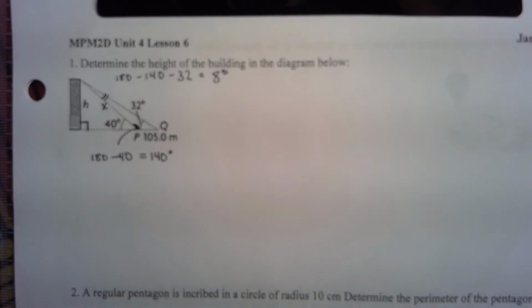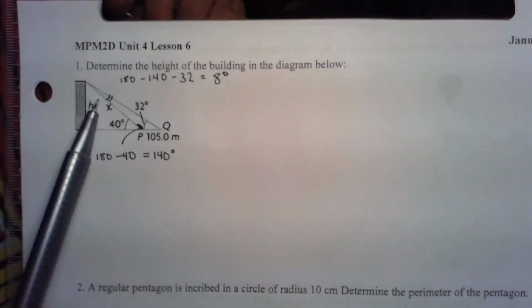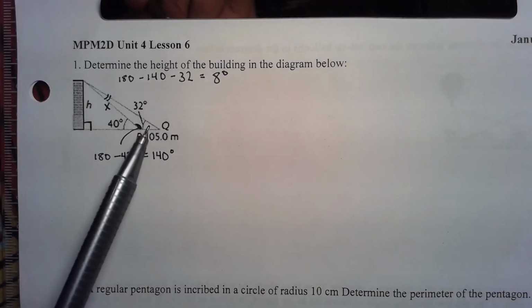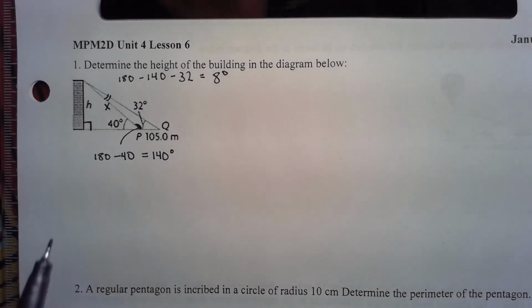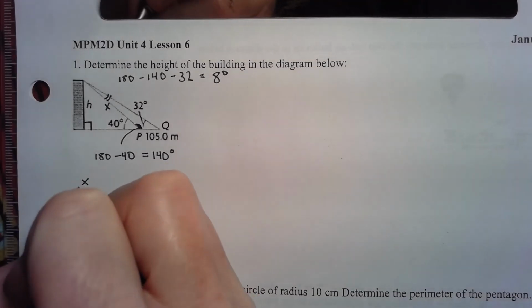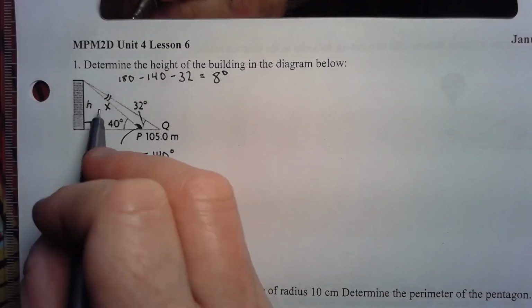We have 8 degrees as the angle. We have the side, which is 105. We have 32 degrees, which is the angle, and we're trying to find x. So let's go ahead and do that. So we're going to do x over the sine of the angle opposite.